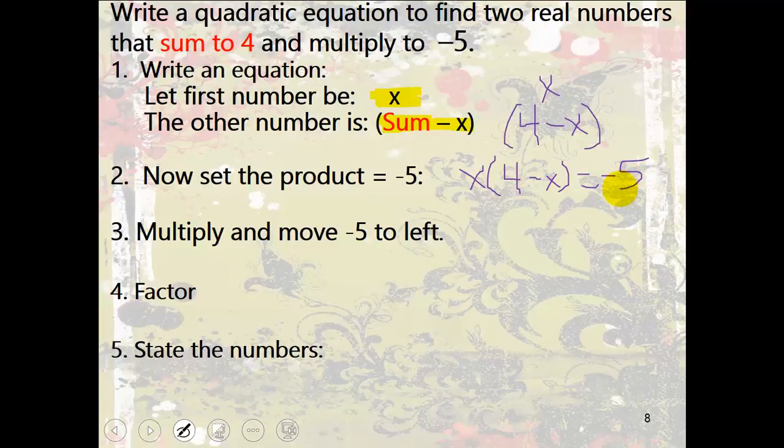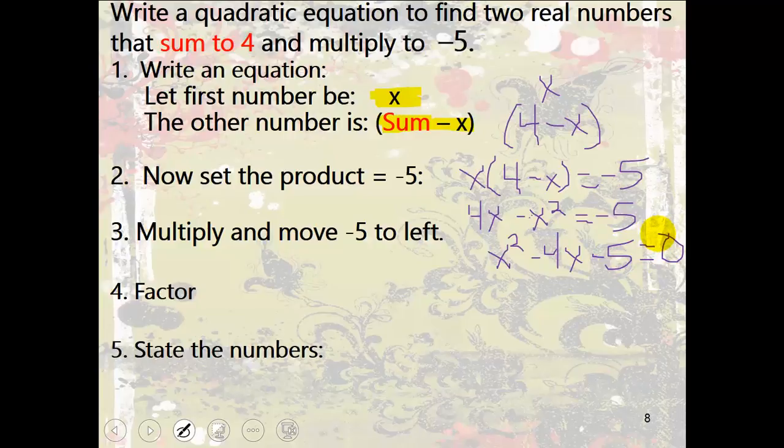All right? Now distribute. Now it says move the 5 to the left, but I like my x squared to be positive, so I'm going to move everything to the right. So I'm going to go x squared minus 4x minus 5 equals 0. Okay?